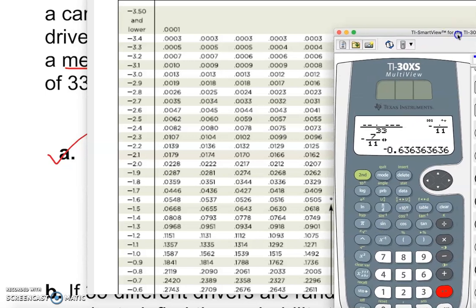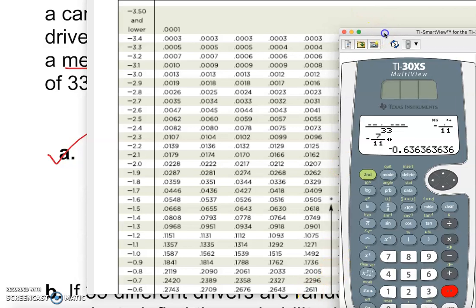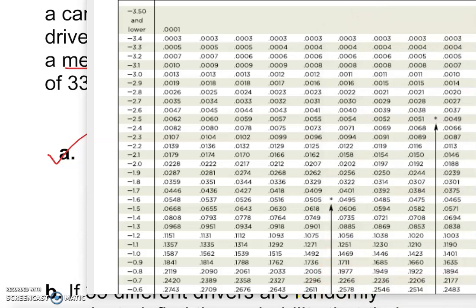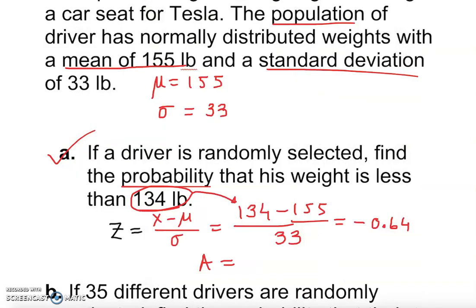If you didn't round it properly, say 0.63, your answer would be wrong. This is technically your answer, 0.2611. So you must round things properly. So your answer is 0.2611. That is the answer. Well, this is not new actually, so we know this one already.